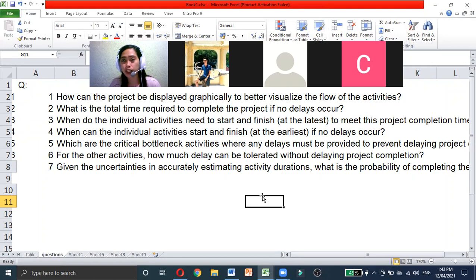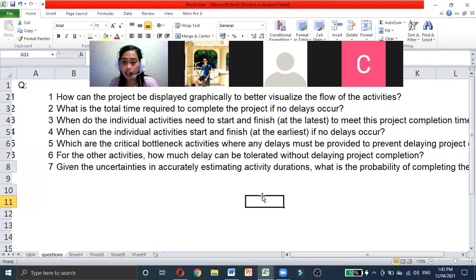We cannot assure, even though the project network says it should be finished in 44 weeks, that there are no uncertainties. These uncertainties are the things we cannot avoid, like rain and typhoons, or earthquakes. Natural disasters are unpredictable, and as a manager you cannot control them.